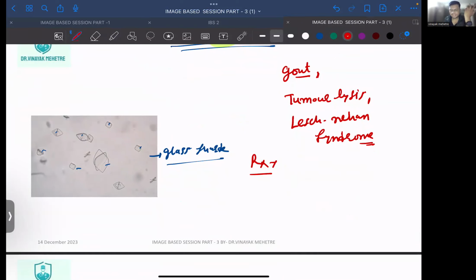Aloo and puri, that is allopurinol, and acetazolamide. Okay, acetazolamide. So these drugs make urine alkaline.